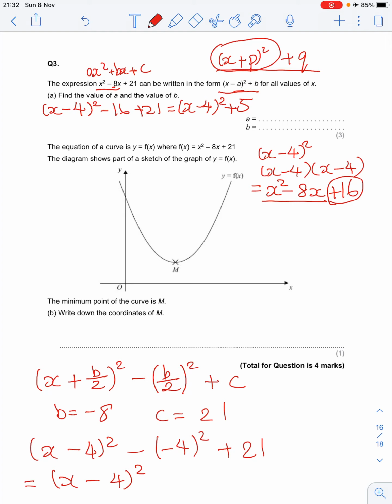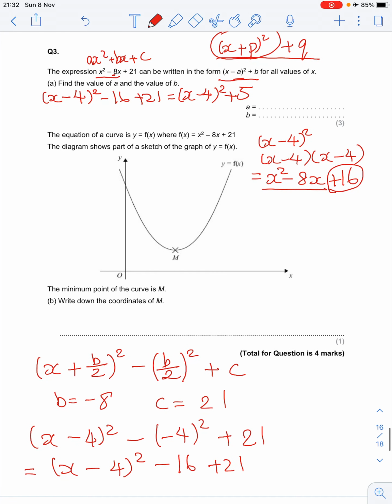Remember, minus 4 squared is 16. So minus 16 plus 21. This gives us x minus 4 squared plus 5. So we get the same answer. So the value of a is 4, and the value of b is 5.